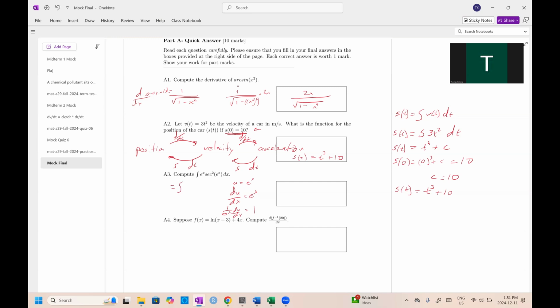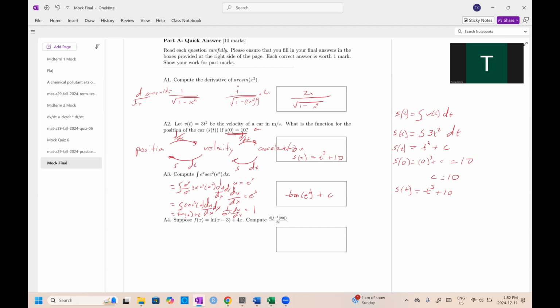This equals the integral of e to the x over e to the x secant squared e to the x du by dx dx, which equals the integral of secant squared u du by dx dx. That equals tan of u plus c. And with u being e to the x, it's tan of e to the x plus c.